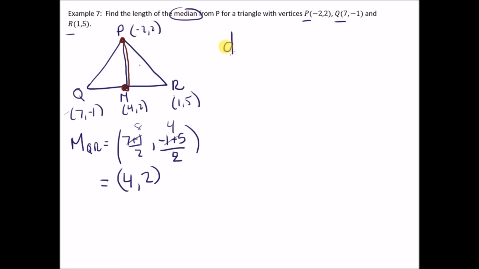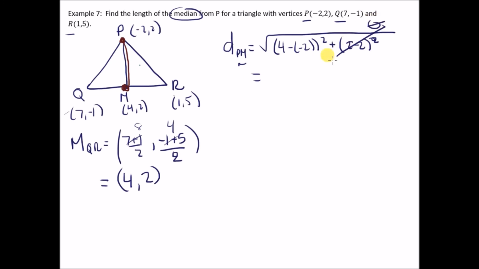Let's go the distance or the length of PM. That means we're going to do M minus P, so the M coordinate is going to be first. 4 minus negative 2, squared. Then 2 minus 2. Oh, that's beautiful. 2 minus 2 goes away, that's just 0.